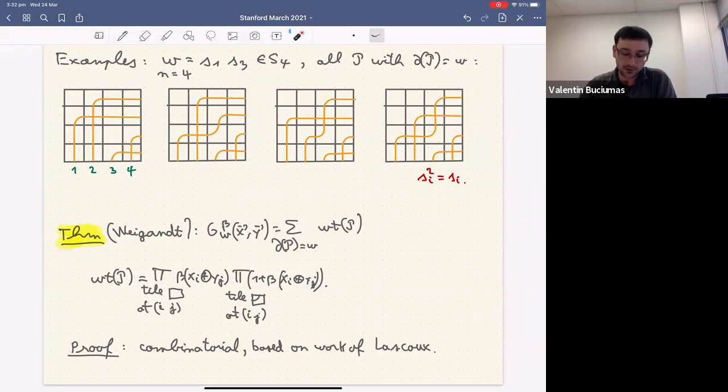Now, the only non-trivial case in this example will be this bumpless pipe dream. So here we have one intersection between paths 3 and 4, and this will correspond to s_3. But then we have 2 intersections. We have an intersection here and an intersection here. Both of these will correspond to s_1. And what we do is we use the Demazure rule. So s_1 squared is s_1, and we get just s_1 s_3 instead of s_1 squared s_3.